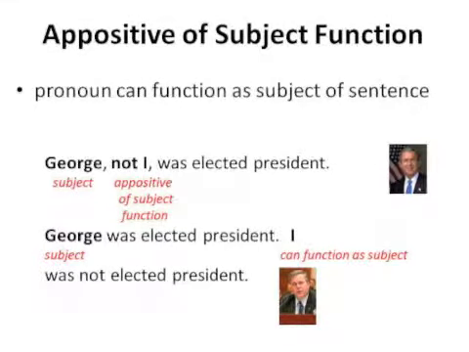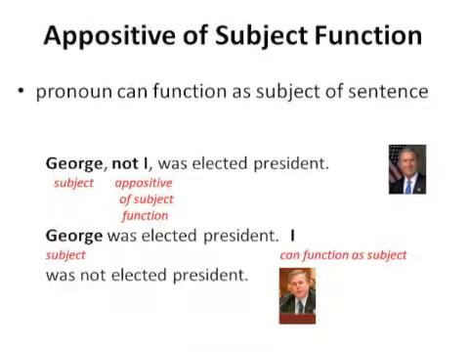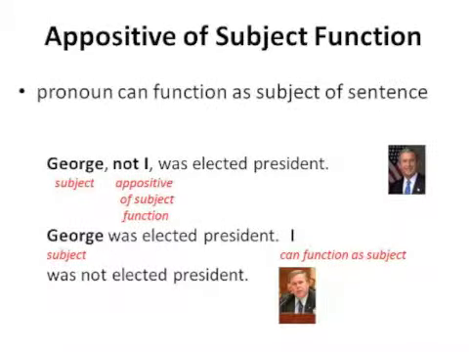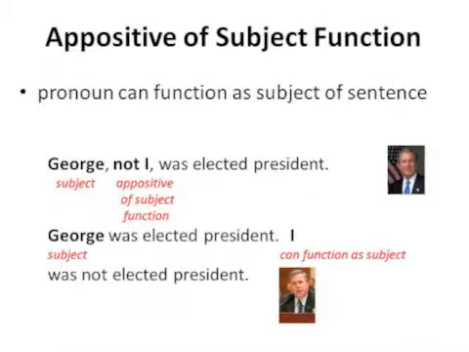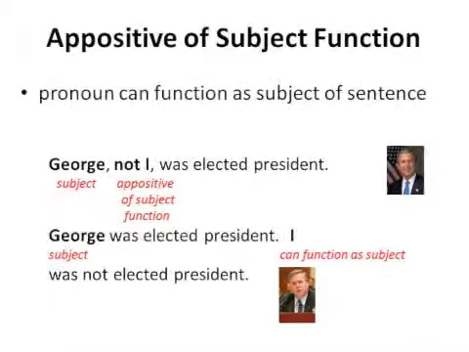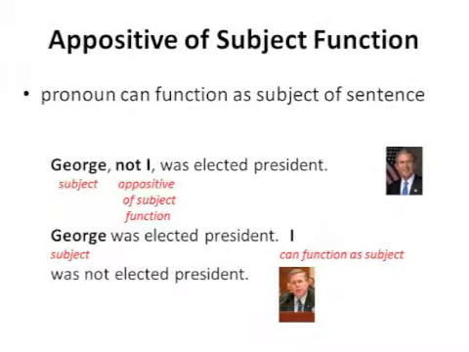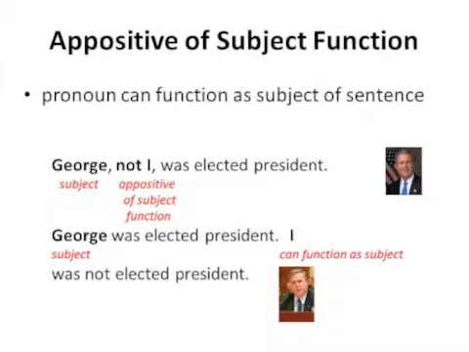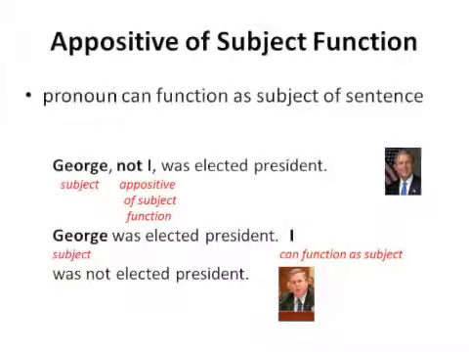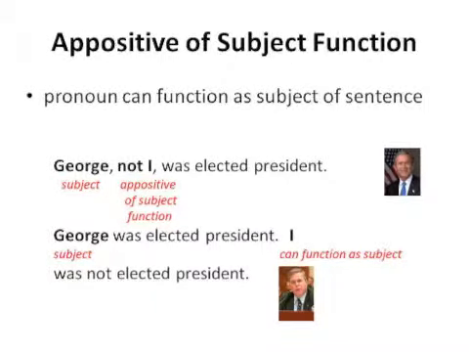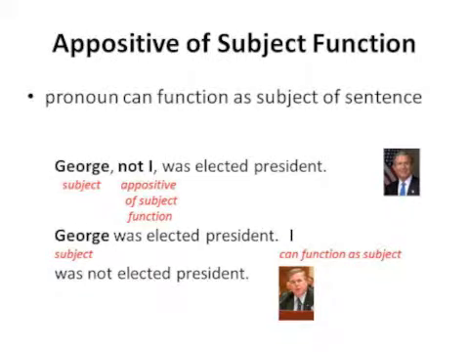George was elected president. I was not elected president. I can function as the subject. Therefore, in the preceding sentence, where it is the appositive of the subject, you have a subject pronoun. George, not I, was elected president.